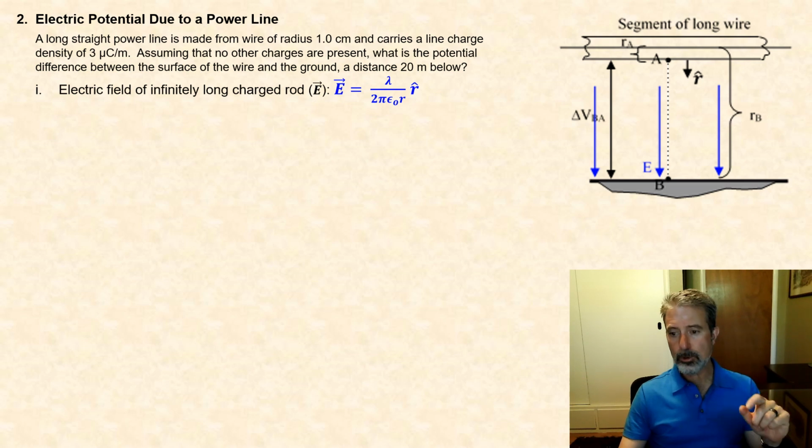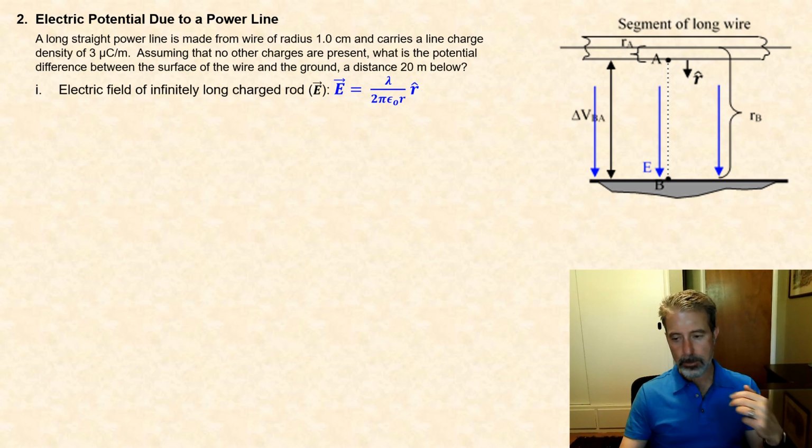And you look at this result. You derived this previously using Gauss's law for electricity. And we showed that there is this inverse dependence between field and distance r, and that, of course, the strength of the field is directly proportional to the line charge density, inversely proportional to the distance that the field point is from the line.